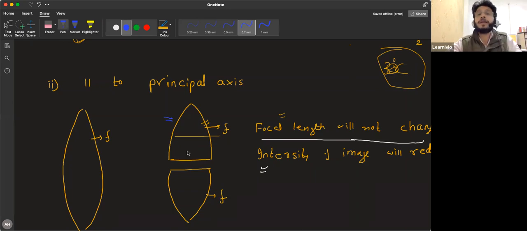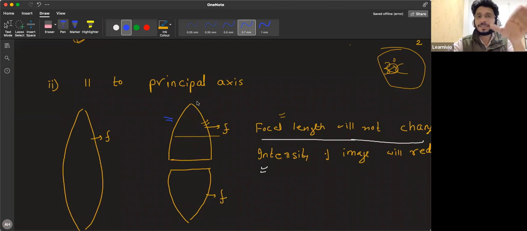But yes, the intensity of light will change. In fact, the intensity of light will get halved. If you cut that lens into two parts, the intensity of light gets halved, meaning only 50% of the light can enter. You have a 50% lens now, so only 50% of the light will enter. How will that affect your image?